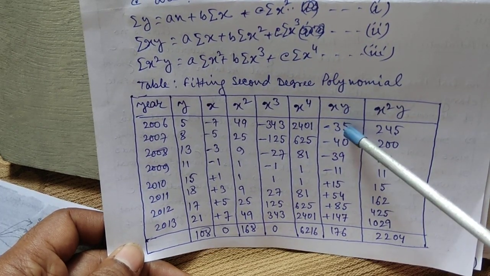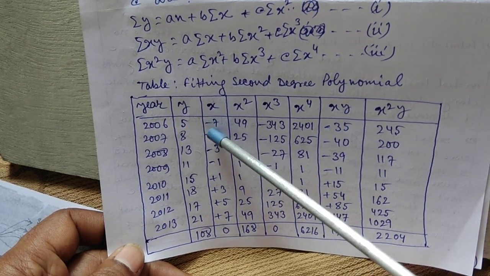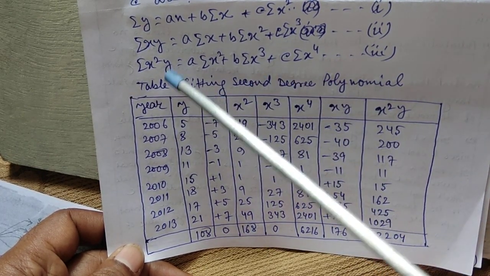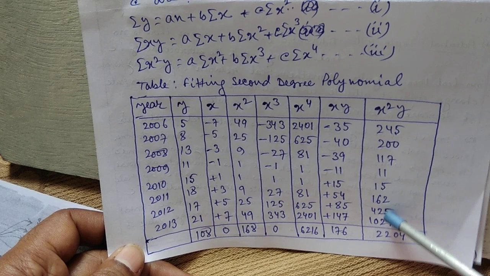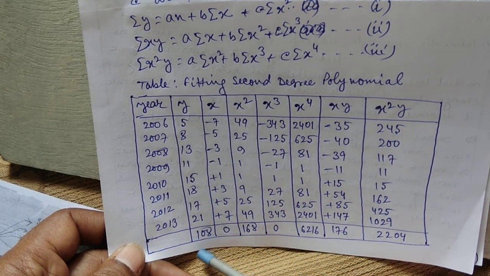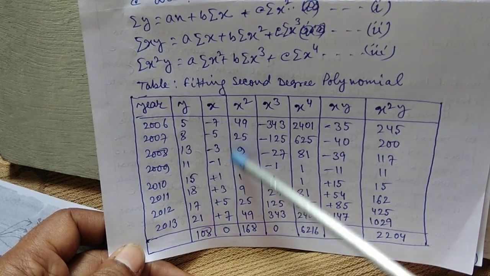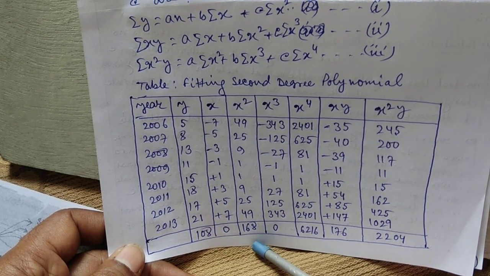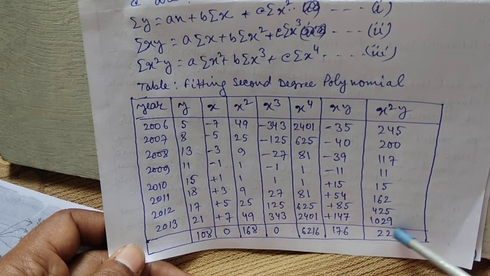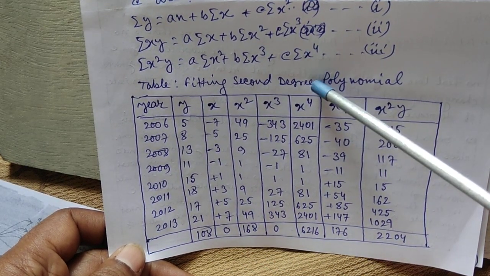Now for xy, we have multiplied y and x values, and we have got these values, and last is the summation of x square y. So summation of y equals 108, summation of x equals 0, summation of x square equals 168. In this way, these values will be required to solve these equations.